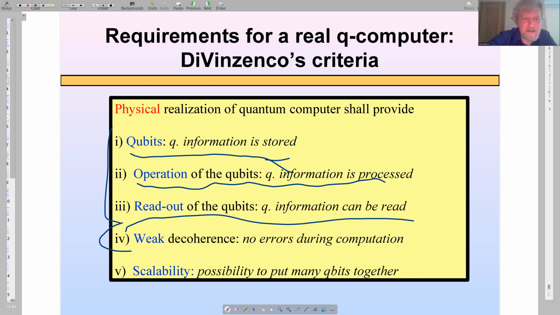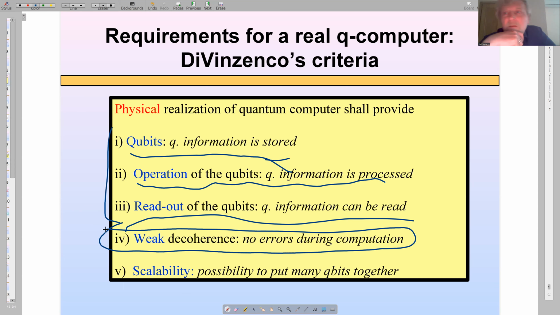The most important criterion is that of weak decoherence. What does it mean? We want to keep the wave function of a number of qubits in the quantum computer absolutely intact, so that it obeys the laws of quantum mechanics.